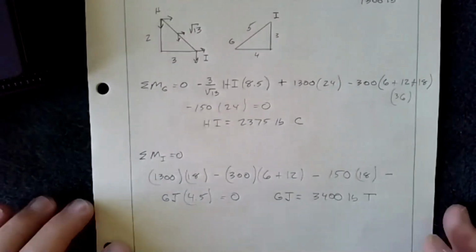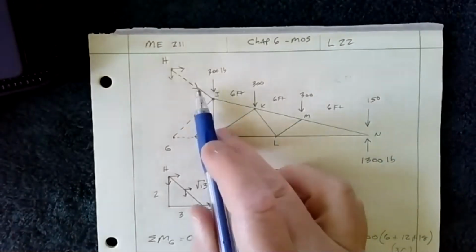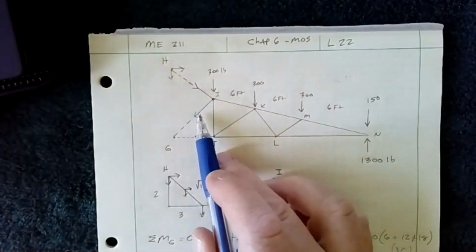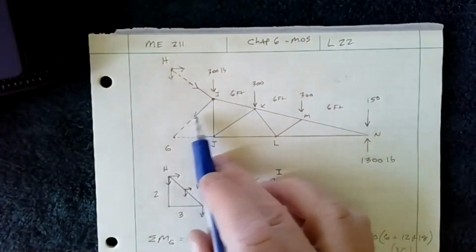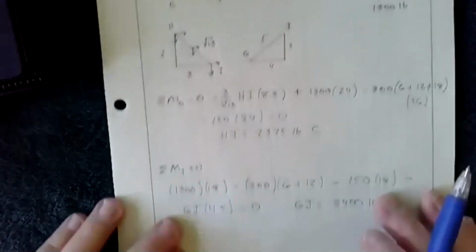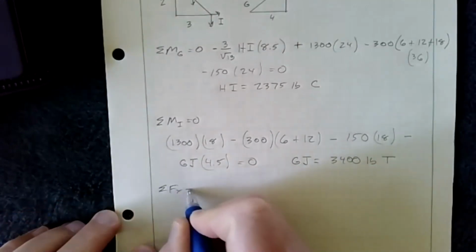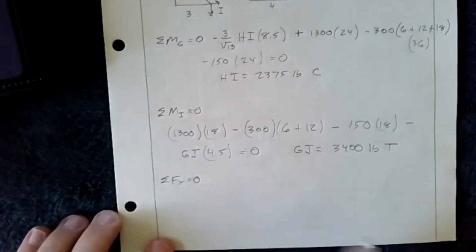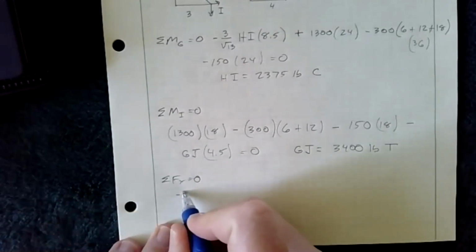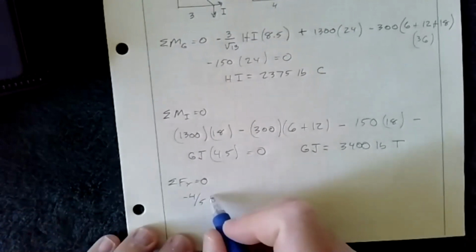All right, so now looking at that, I have this, I have that, so I can sum the forces in the X or in the Y. If I sum the forces in the X, I don't have to deal with any of these forces. So if I sum the forces in the X, then I get minus 4/5 of GI.